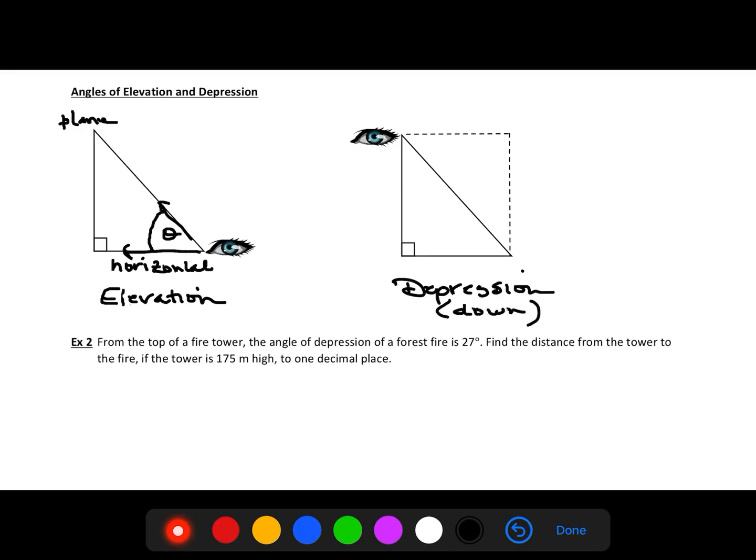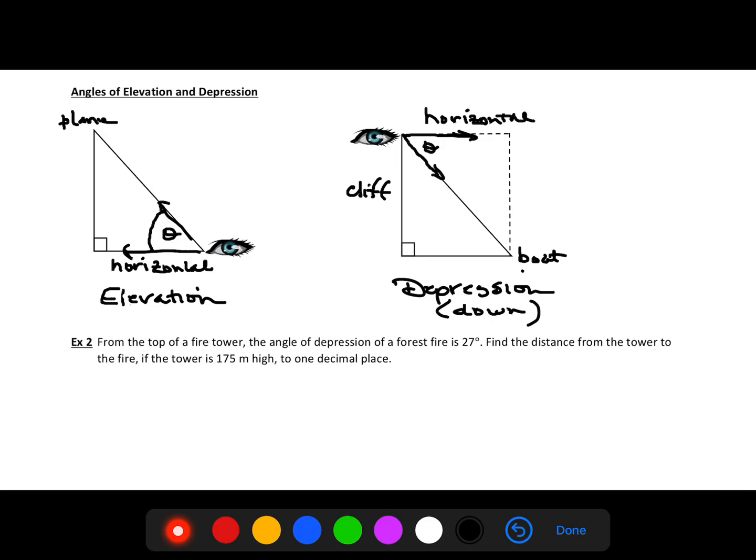Now, if we're talking about angles of depression, remember depression just means down. So now we are up top, or whoever is looking at this is up top. So angle of depression again is from the horizontal, so straight across where we're looking, down to whatever is down here. So we could be in a tower looking down at something. We could be on a cliff looking down at a boat.